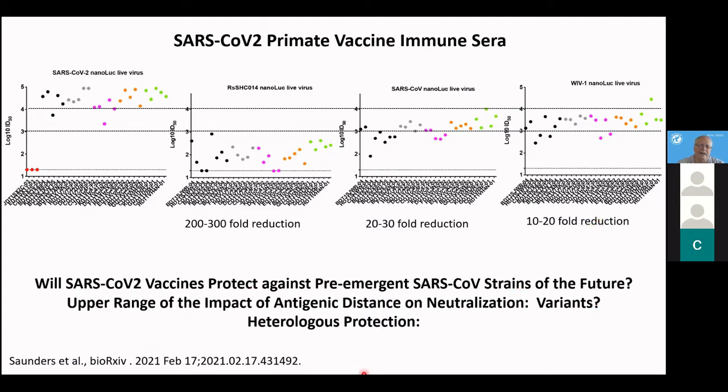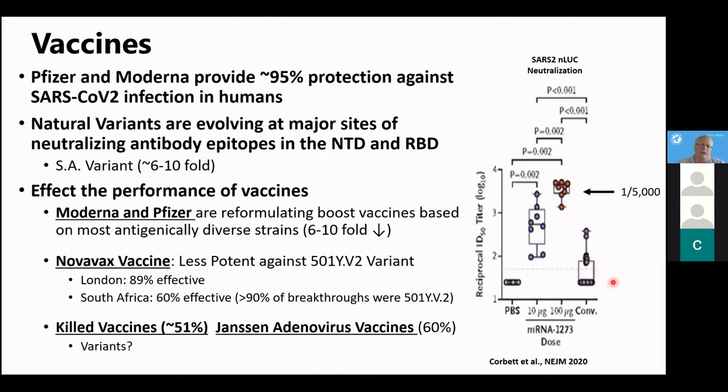So in essence, this probably represents the upper limit in terms of potential escape that coronaviruses may be able to achieve as a function of time. And so we're currently doing similar studies with the variant strains that have emerged, which we feel are in the early stages of evolution, and that much more potent resistant strains will emerge in the near future.